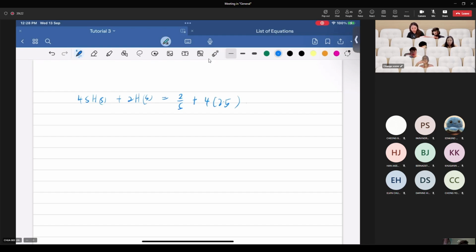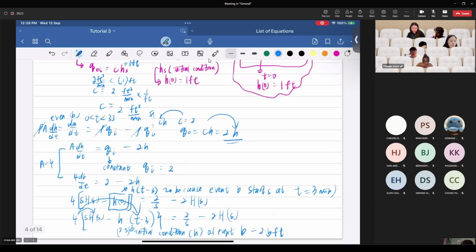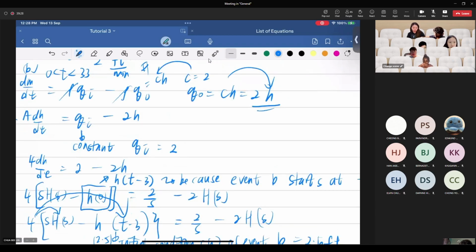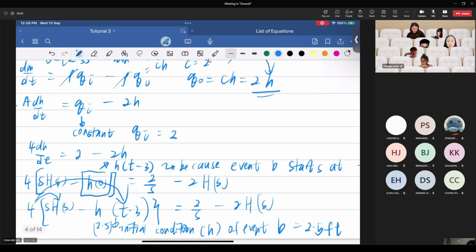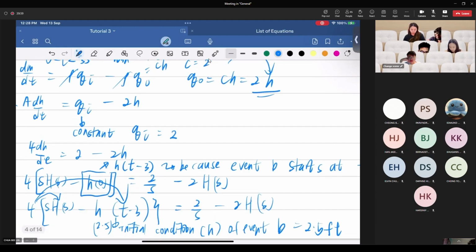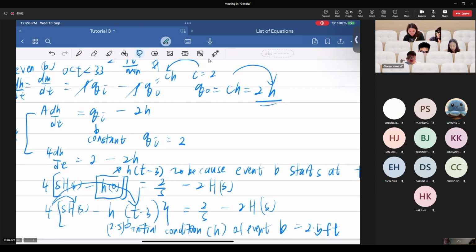I just rearrange to move the hs to the other side. 2 over s minus, is it minus or plus? So you have the 2 over the s minus 2hs, correct? Equals to 4shs minus h0. So let me copy this one, very confusing.